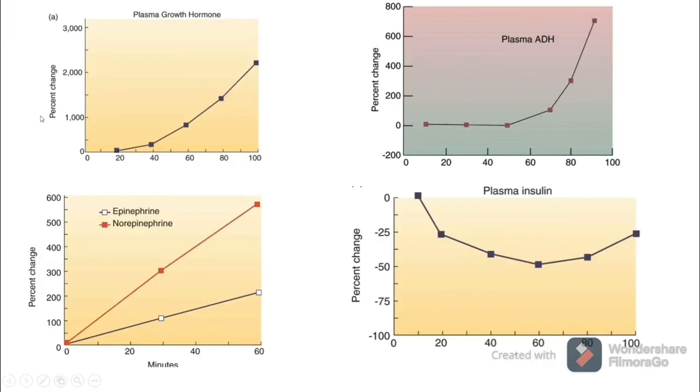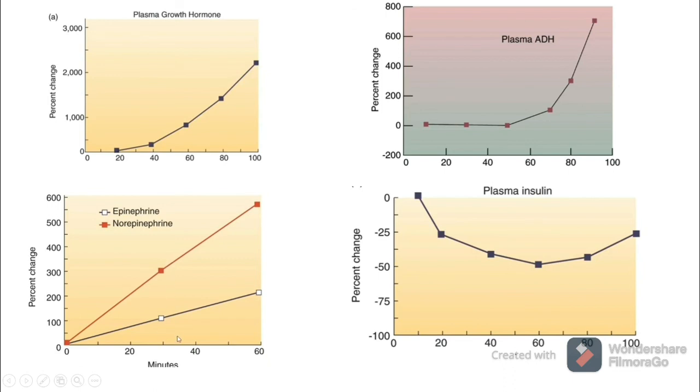So now we are looking at the graphical representation of the hormonal changes. What we can witness here is the increase in the growth hormone with different intensities of exercise. Beyond a light intensity, it increases to a greater extent. The same way we can witness the changes in the epinephrine and the norepinephrine levels.